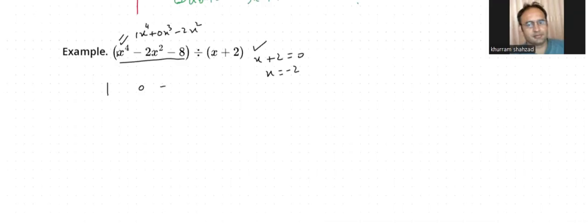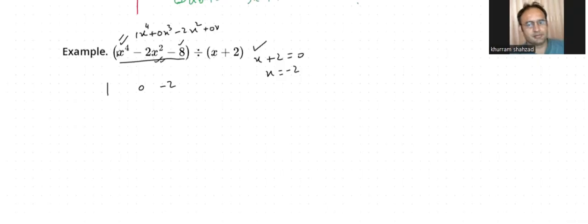And next one, this is -8, the constant term. Sorry, there is another term here, which is x. Now it should be here x, but there is no x term in this polynomial. So we will write here 0x.